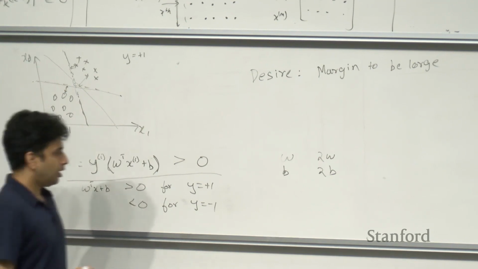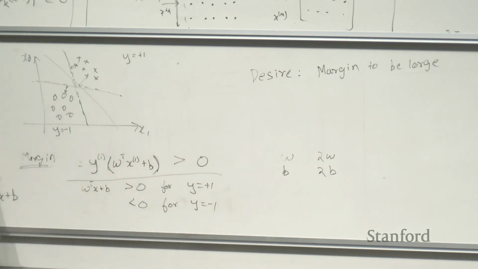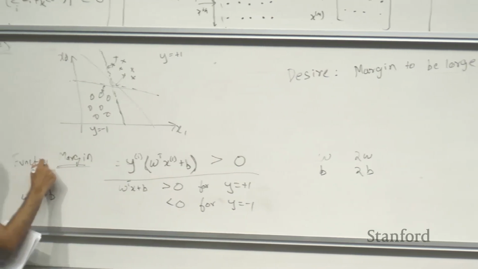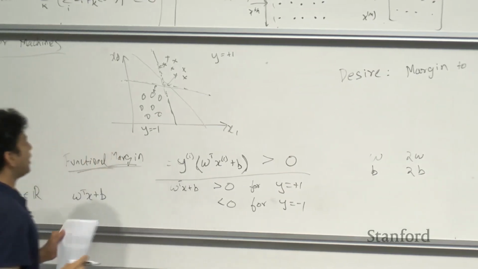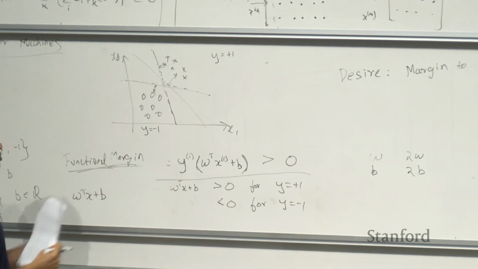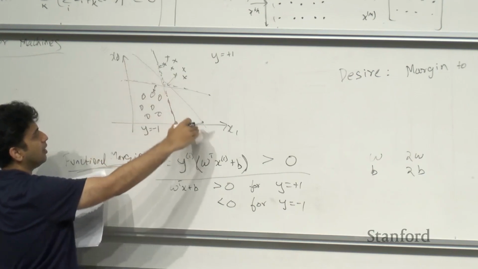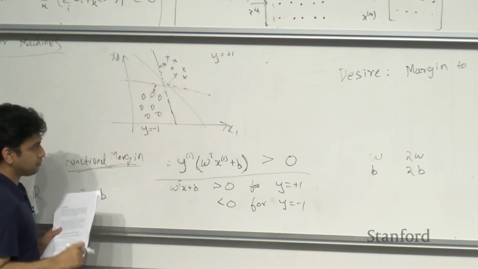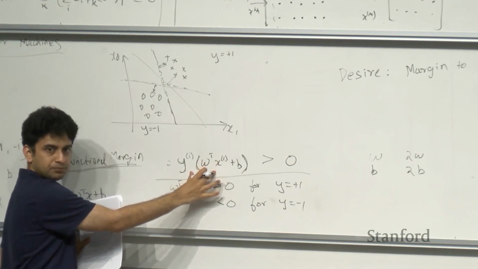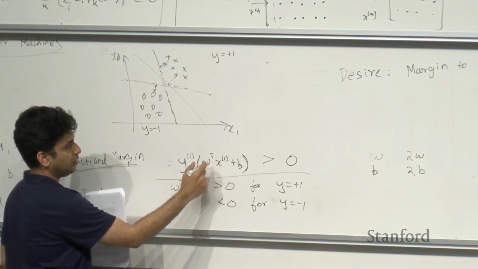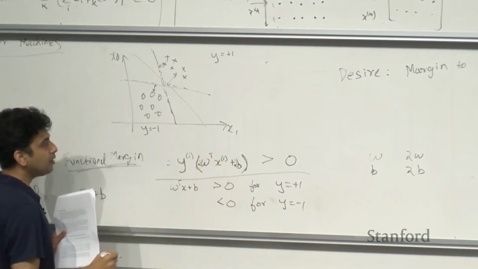And that is why this is also called the functional margin. The support vector machine is an algorithm that tries to maximize the geometric margin, which means the actual geometric distance between the separating hyperplane and the examples. Right? This is not the geometric distance between x and the hyperplane, because you can use 2w and 2b.